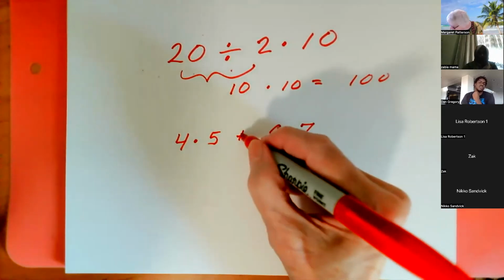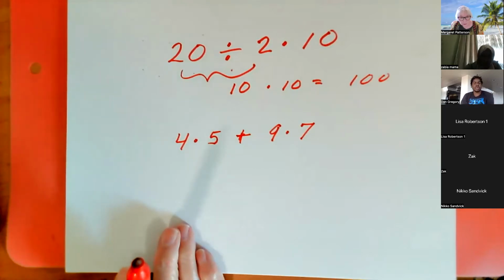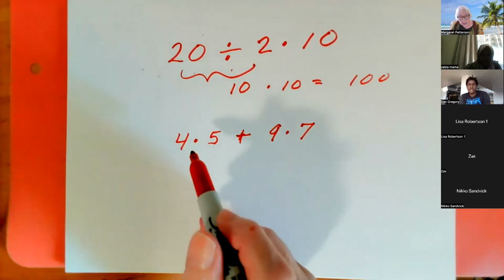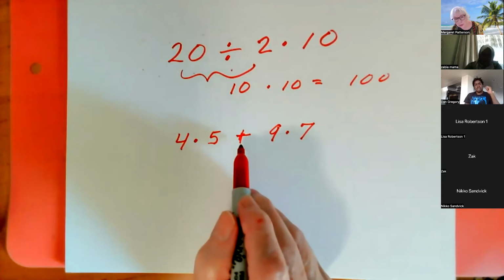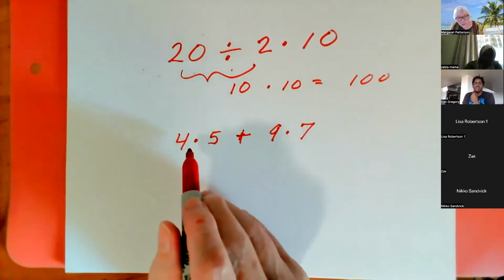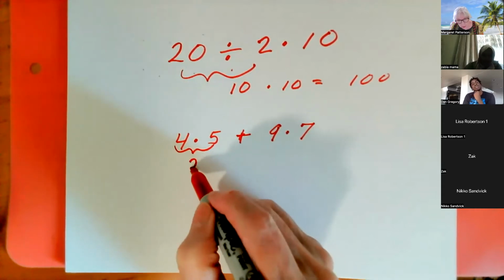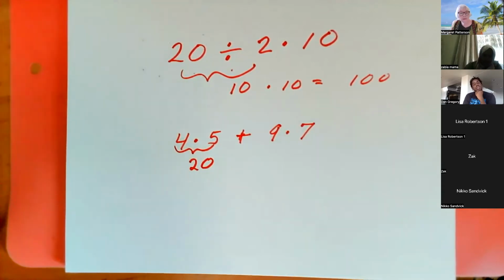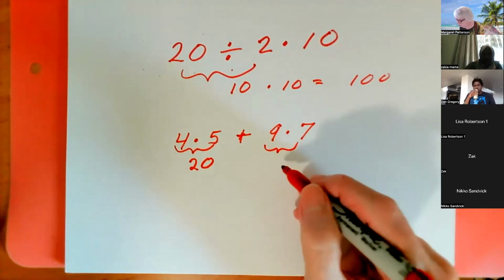Okay, this is a plus. So what gets done first? Left to right, the multiplication. 4 times 5. And notice this is adding, which is lower priority. So I would do the multiply first. So I would put these two together and call it 20. What do I do next? 9 times 7. How much? 63.